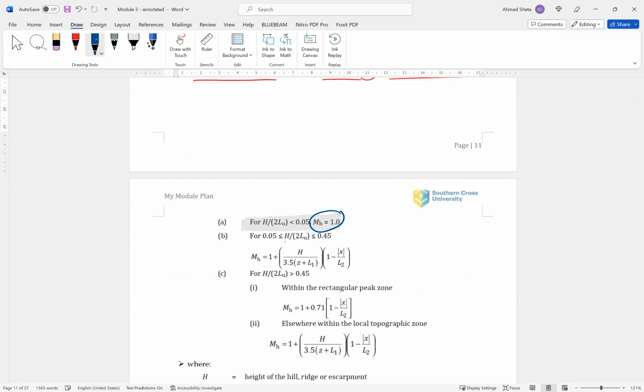If H over 2 LU is larger than 0.05 and less than 0.45, this will be the value of MH. The third case, if we have H over 2 LU larger than 0.45, within the rectangular peak zone, MH will be this value, which is M1 plus 0.71 times 1 minus x over L2.